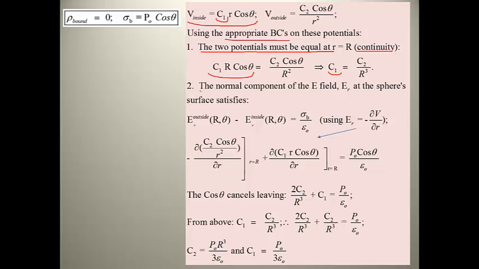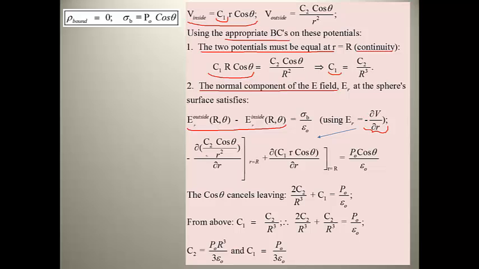The other boundary condition is that the normal component of the E field, E sub r, at the sphere's surface satisfies the following equation. The change in the normal component of E, which is E sub r, has to be equal to the surface charge density over epsilon naught. We can find those quantities by taking the derivatives of the potential and putting in a minus sign. This is the r component of the gradient with a minus sign.